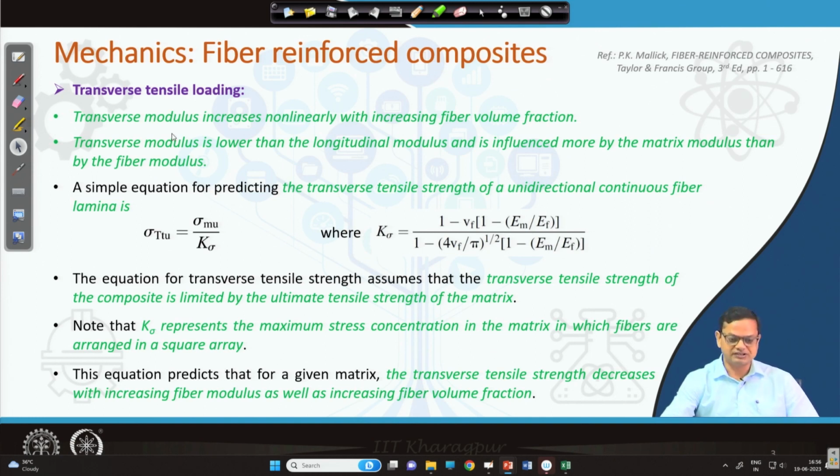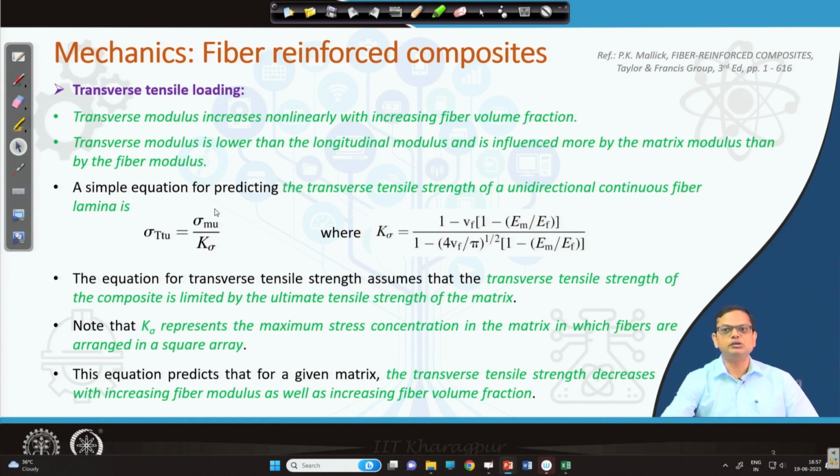We also discussed that transverse modulus increases non-linearly. It is not a linear relationship anymore, it is non-linear with increasing fiber volume fraction, and it is understandable that transverse modulus is lower than the longitudinal modulus, and it is mostly influenced by the matrix modulus. We also can see from this equation that sigma T, the transverse stress of the composite material, mostly depends on the sigma mu value.